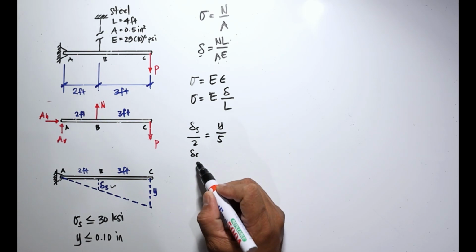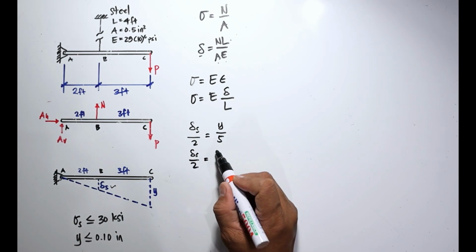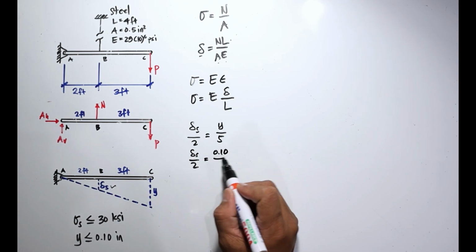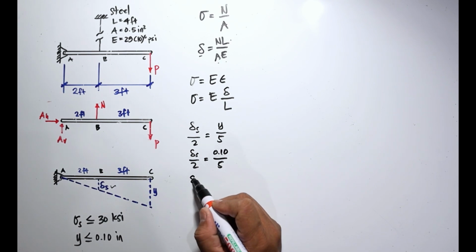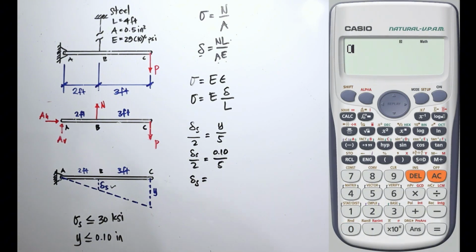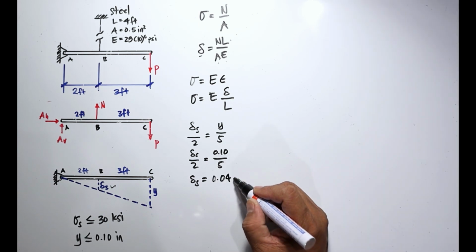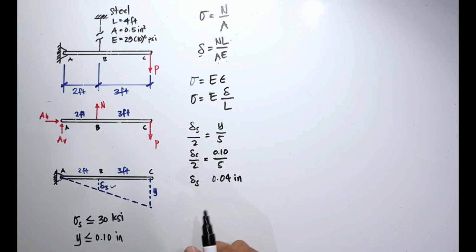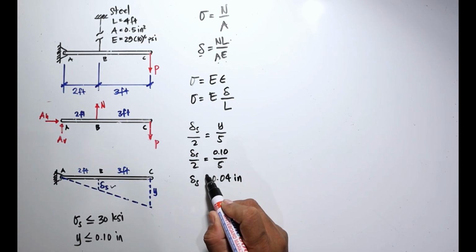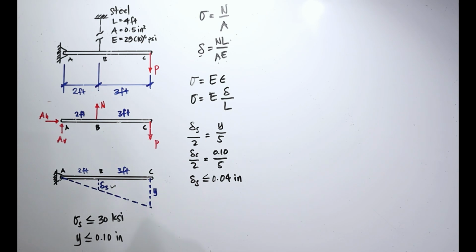Let's say we will use the limit for y, which is 0.1, and we'll have delta S equals 0.1 divided by 5 times 2 is 0.04 inch, or delta S is not to exceed 0.04 inch.